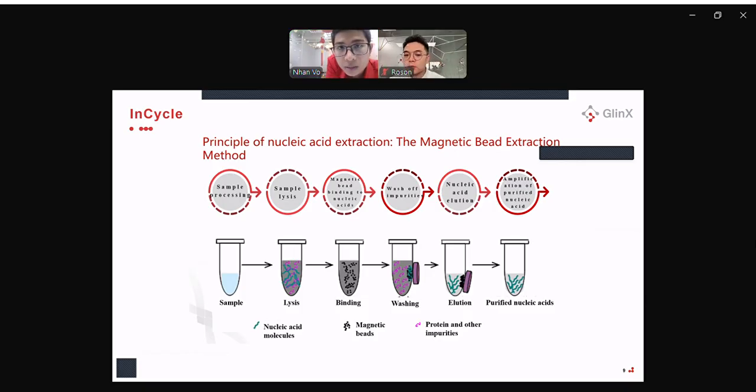Like the principle, the magnetic beads can absorb DNA or RNA, right? I don't know how to say 正负电荷 in English. How do you say it in English? Wait, I will Google it right now.